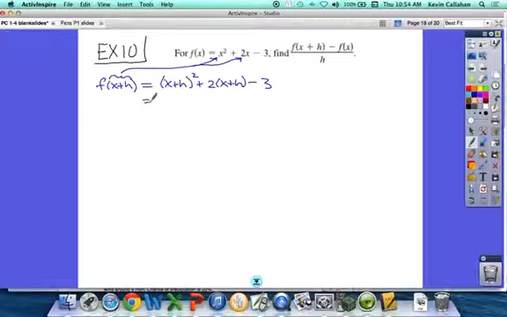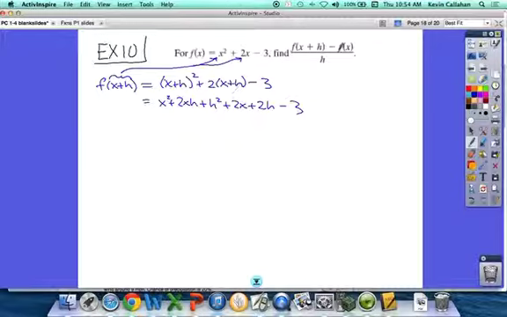Again, x plus h squared will be x squared plus 2xh plus h squared, plus 2x plus 2h minus 3. I FOILed the x plus h times x plus h. I distributed the 2, and I still have the minus 3.